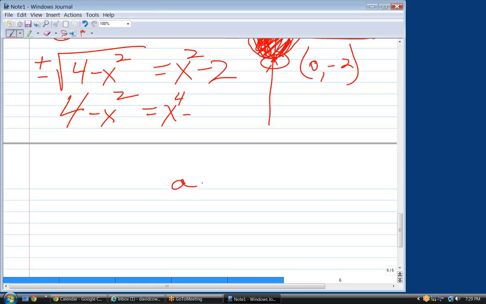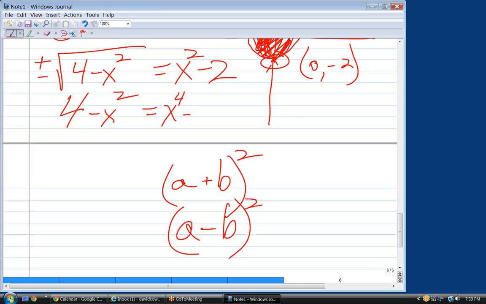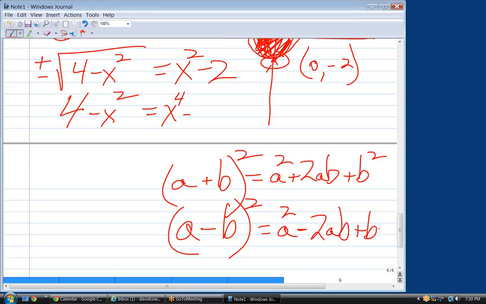one thing you want to be able to do, because you have to do it so often, is do a binomial squared, plus and minus, and memorize it. So you don't have to FOIL it each time. If I memorize this, it's that. And this one looks exactly the same with a negative as the middle term.